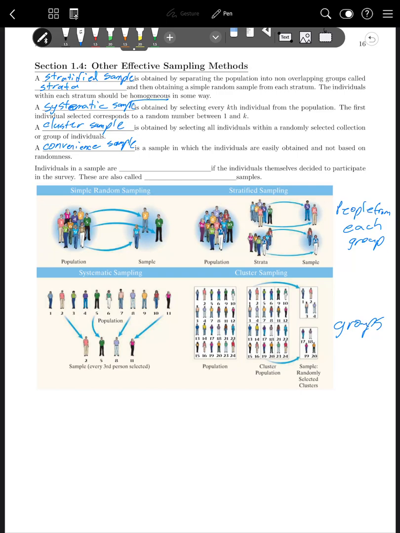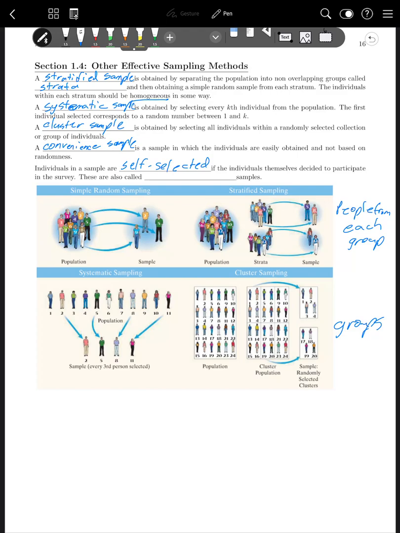Under convenience sample, there's a type of survey that goes beyond that. Individuals in a sample are self-selected if the individuals themselves decide to participate in the survey.